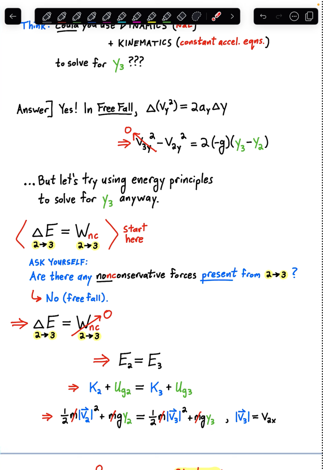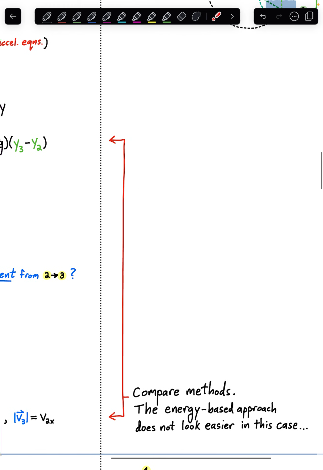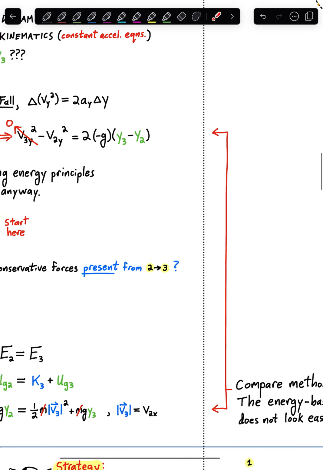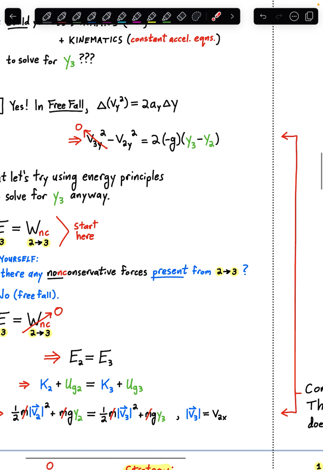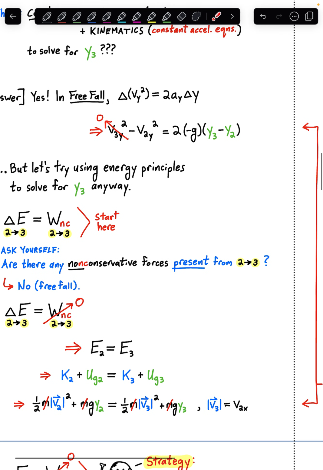But let's compare this equation here that we need to solve for y3. Let's compare that method to our earlier proposal using physics we already know, using projectile motion physics, using this constant acceleration kinematics equation. This we could rearrange and solve for y3. And comparing the two equations, the kinematics one is actually simpler.